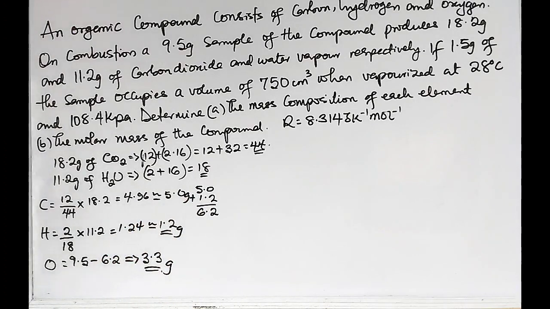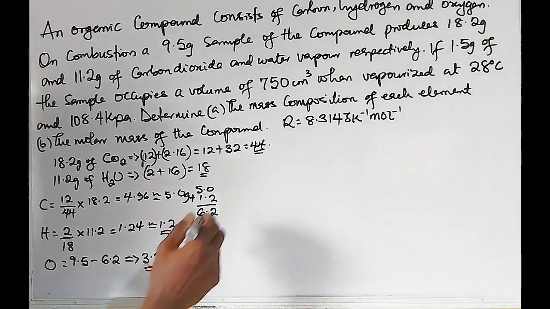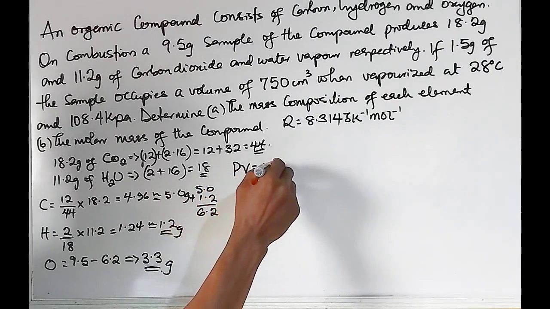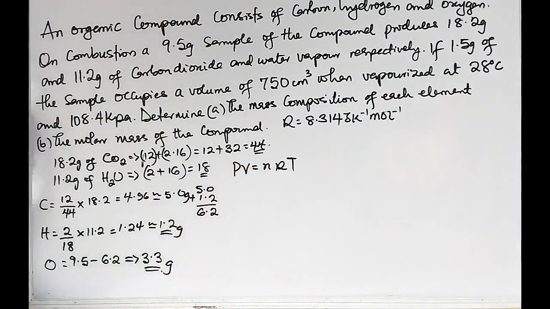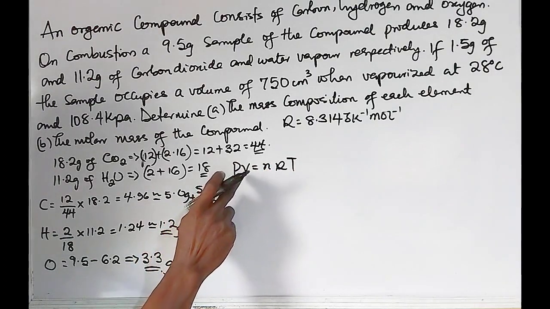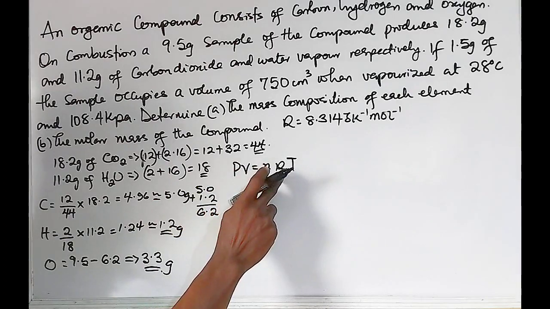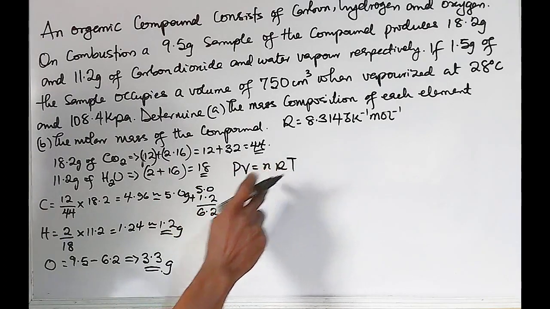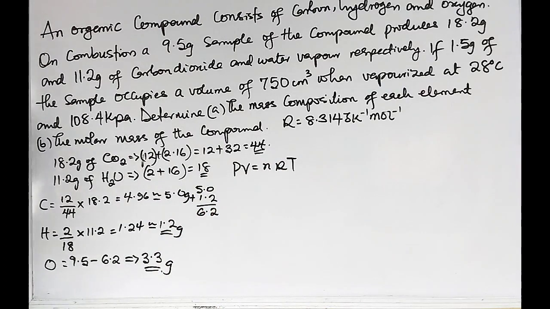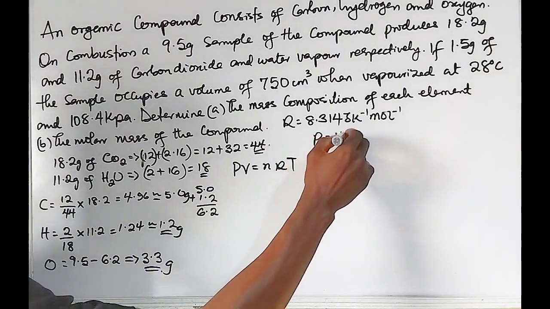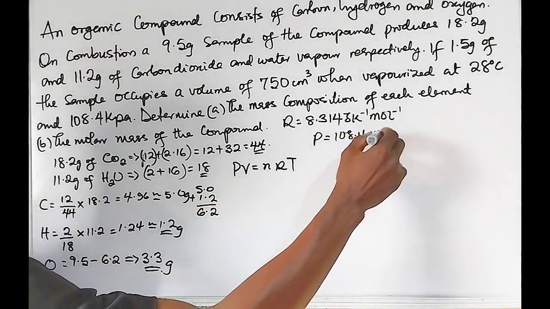Now we are told to find the molar mass of the compound. Now we will make use of the general gas equation, or the ideal gas equation rather, which is PV equals nRT, where P is the pressure, V is the volume, n is the number of mole, R is the molar gas constant, and T is the temperature. Now pressure is given as 108.4 kilopascal.